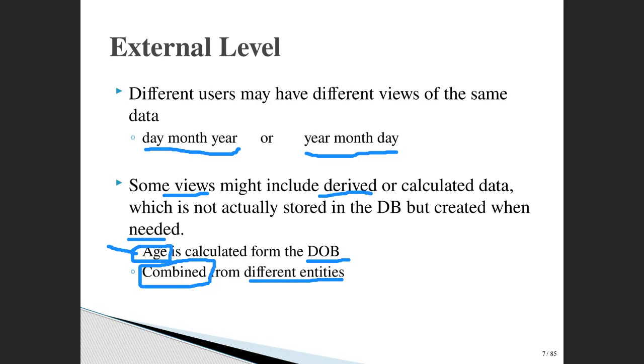If we combine them together, we will have the full name. Full name does not exist, but it's combining other existing fields. Got the point? So we have different views having the same data in different formats, or derived views.